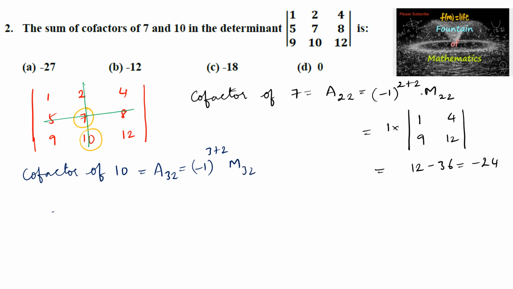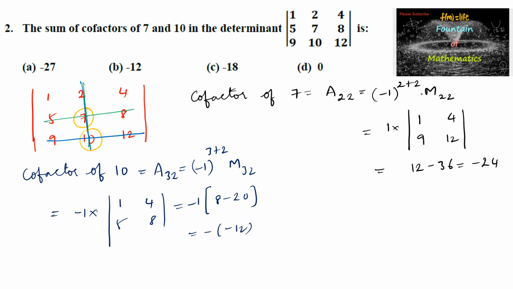So minus 1 to the power 5 is minus 1 into m32. We can find it by deleting this row and column. So we have the determinant of [1, 4; 5, 8], which is equal to 8 ones are 8 minus 5 fours are 20. That is 8 minus 20, which is minus 12. So minus of minus 12, which is plus 12.